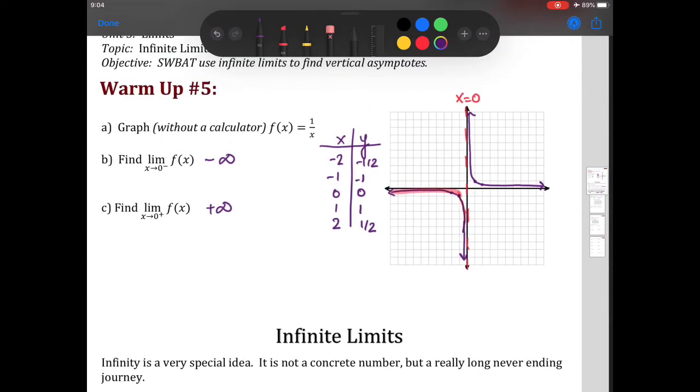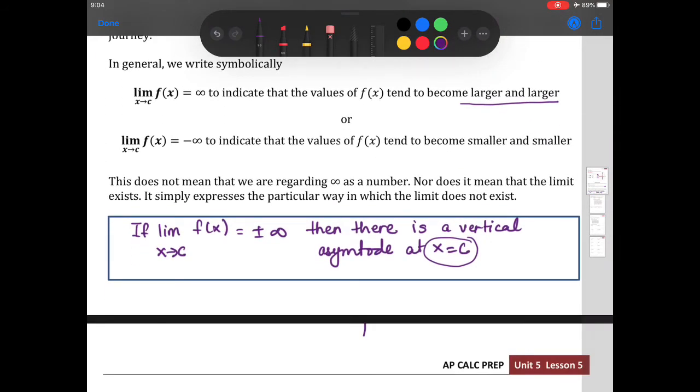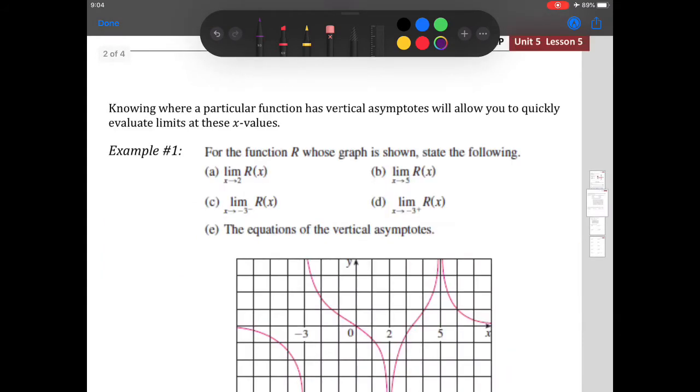Look here. As it was approaching -infinity from the left and the right, where was our vertical asymptote? At x equals that number, which was 0. So that's what we can conclude, that if it's approaching positive or negative infinity, most likely we have a vertical asymptote there. You can scroll up.